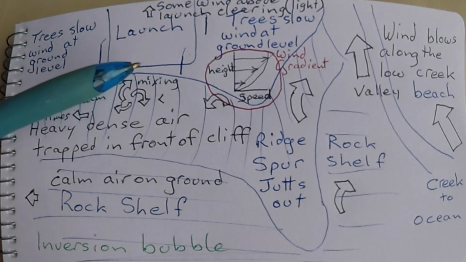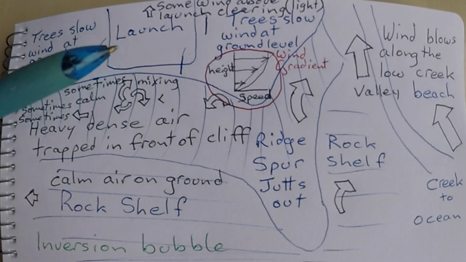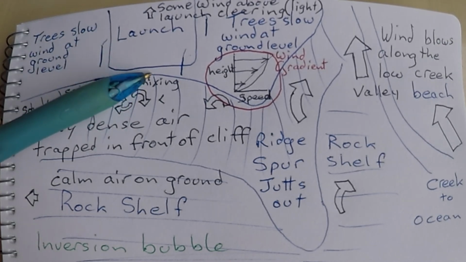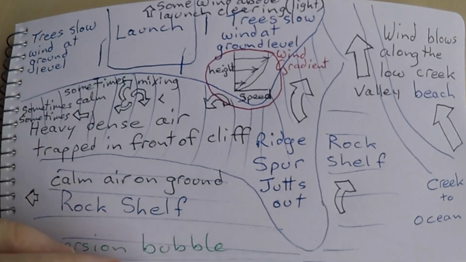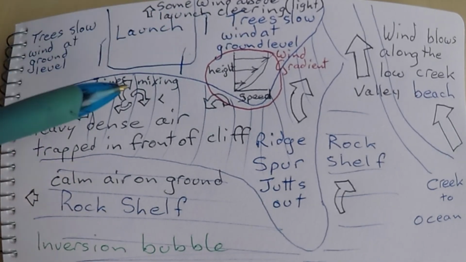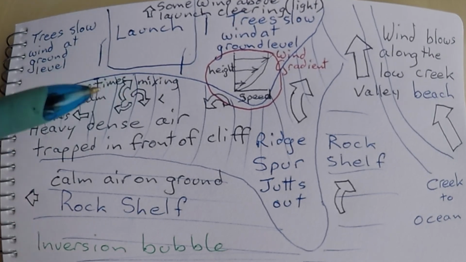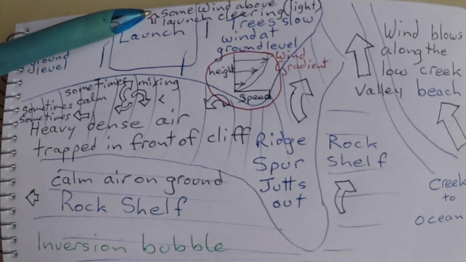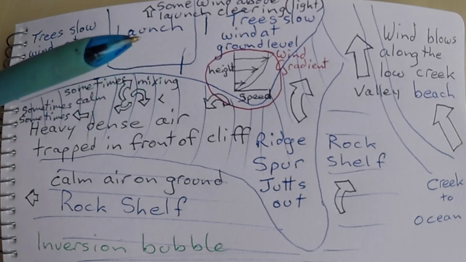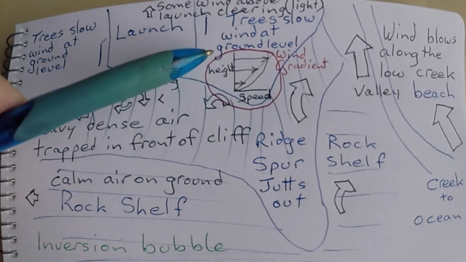And it makes a huge difference when you launch, whether you're at the bottom of launch height or the top of launch height, because that's where the boundary layer often makes the difference. If you launch from the bottom, you're probably going to just bomb out on the rock shelf, whereas if you launch from the top of the launch, you may get just above where this mixing is occurring and climb away.